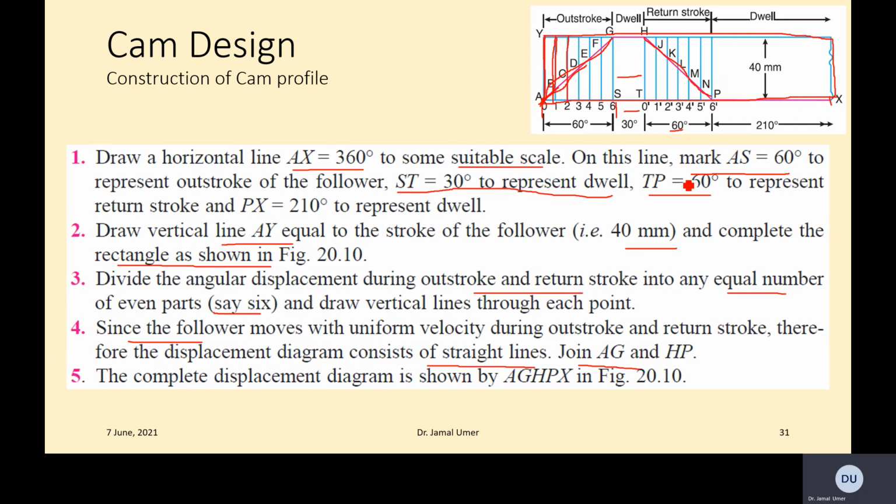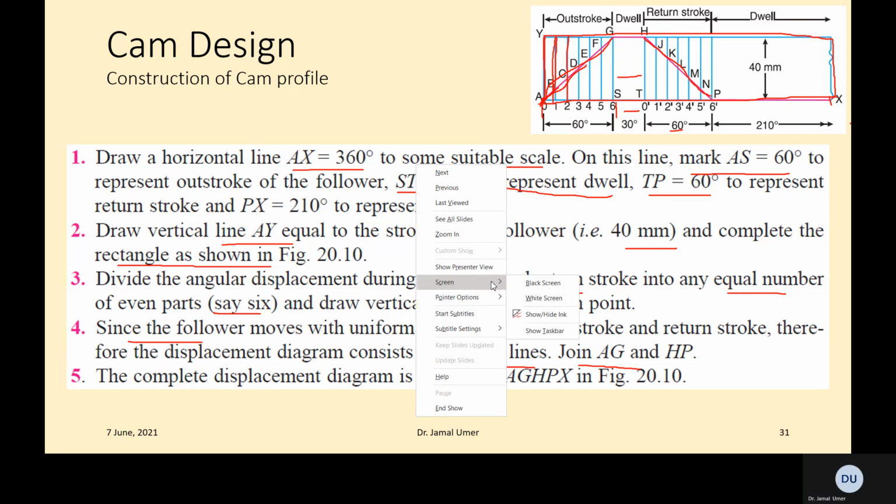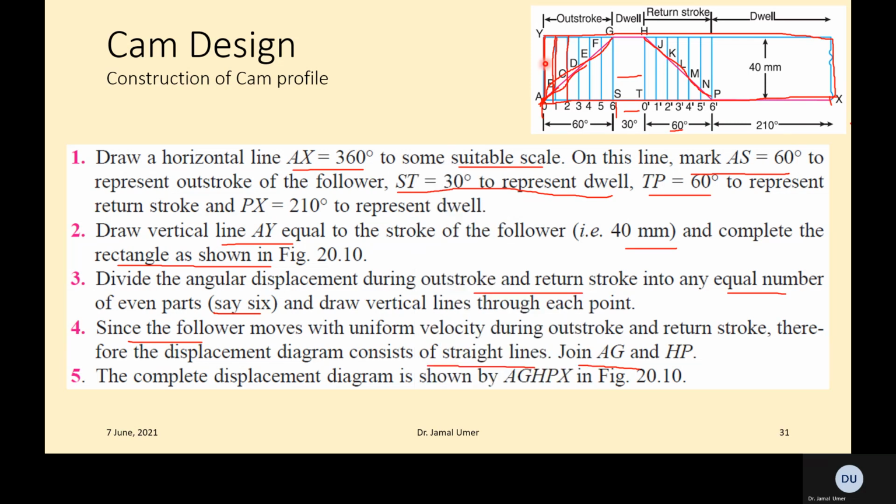So again, the steps are: first you draw 360 degrees, then you mark 60 degrees, 30, 60, 210. Those are the forward, dwell, return, and dwell.